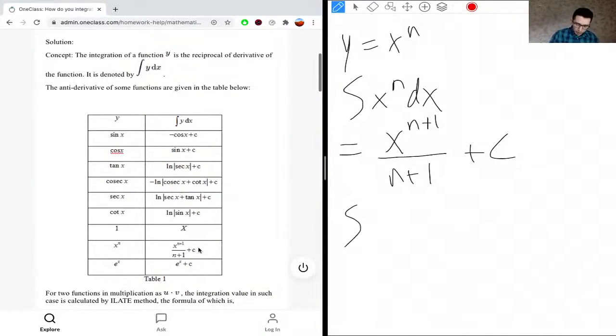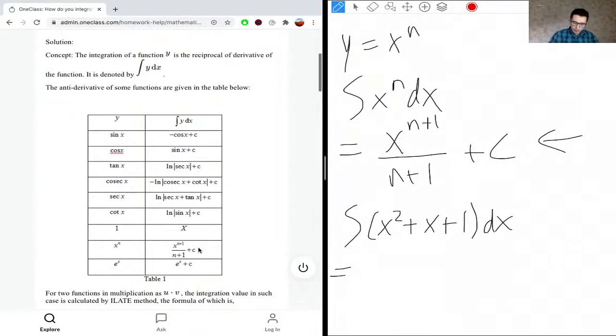So if we want to evaluate the function x squared plus x plus 1 dx, we use this to evaluate. So x squared, the integral of that will just be x cubed over 3. So if we substituted 2 for n, we get x to the 3 and then 3 at the bottom as well.